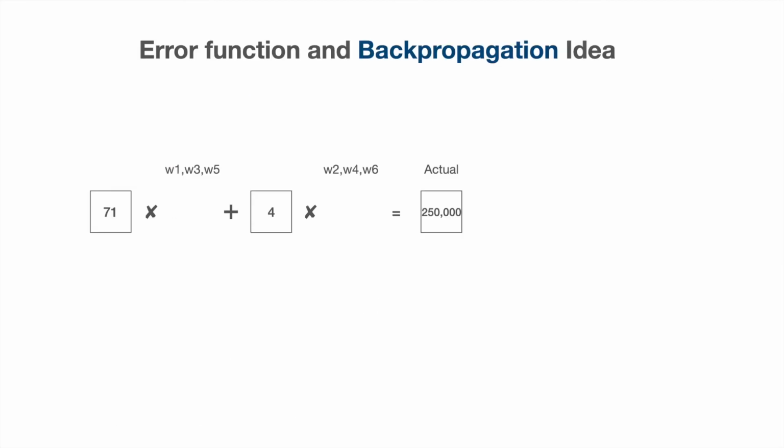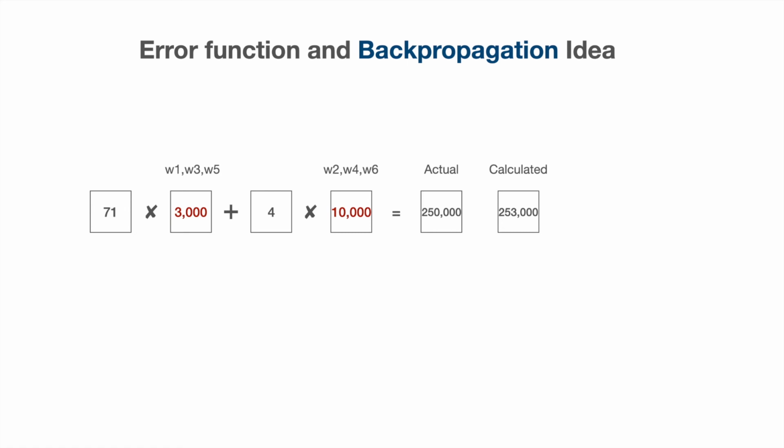In the training process, to start with, let's fill random values into the weights, say 3000 and 10,000. If we multiply this with input values, we get the output as 253,000. This value is not the same as the actual value 250,000. What do we do? We correct it.